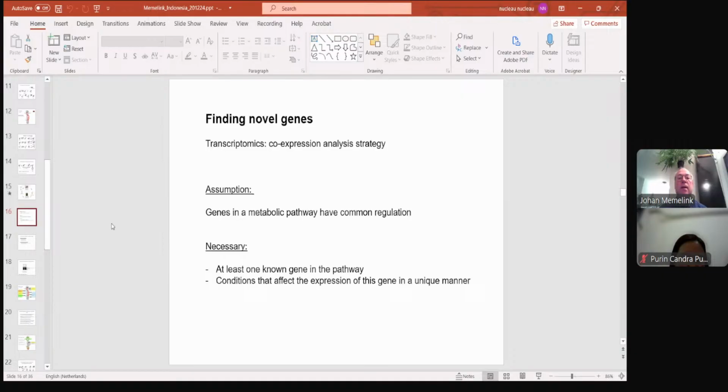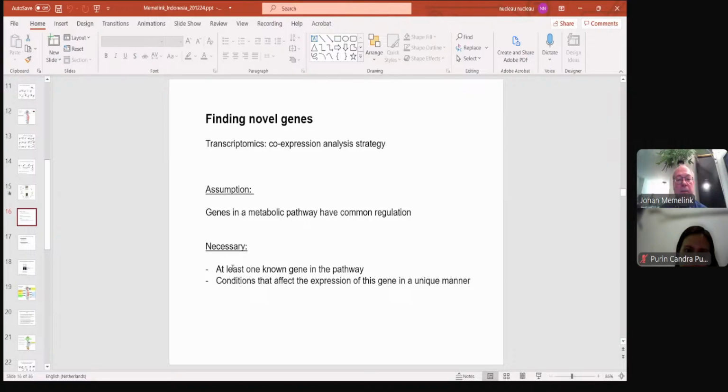Okay, what helped us very much to find candidates is also a strategy that is called the co-expression analysis strategy. And this strategy depends on the assumption that the genes in the metabolic pathway, such as the seco-iridoid pathway, have the same type of expression pattern, so they have the same type of regulation.